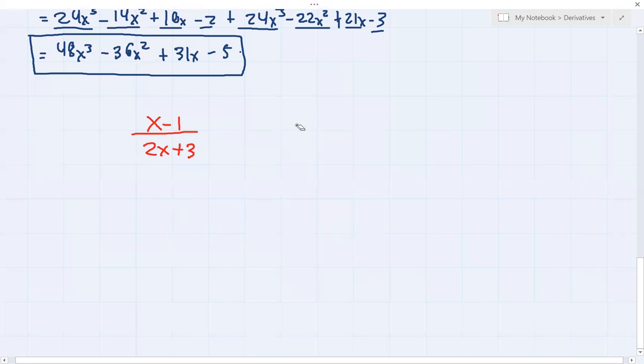Kumbaga pang division operation, di ba? So, that means, gagamit tayo ng quotient rule of differentiation. Yan ang i-discuss natin sa susunod. Okay? This will be the next topic to be discussed after this one.